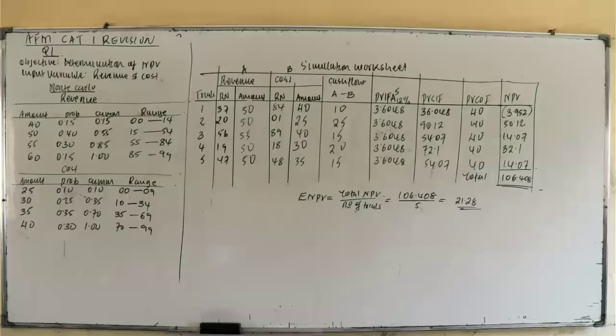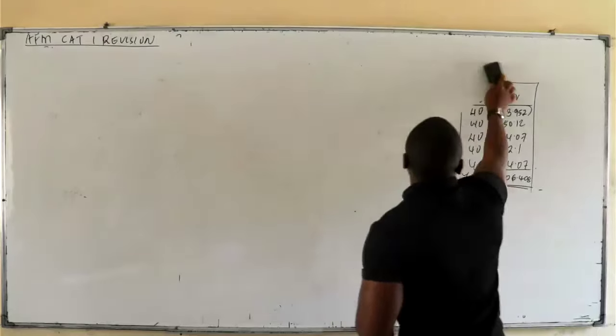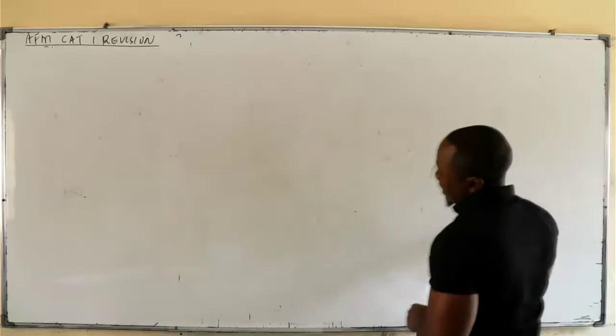Question number 2. Let's go to question number 2. Number 2 was on replacement analysis. Hope you remember the steps followed when evaluating whether to replace an old machine with a new one.